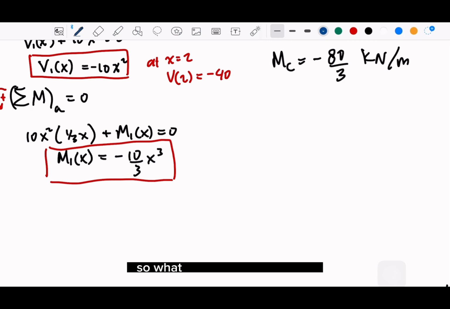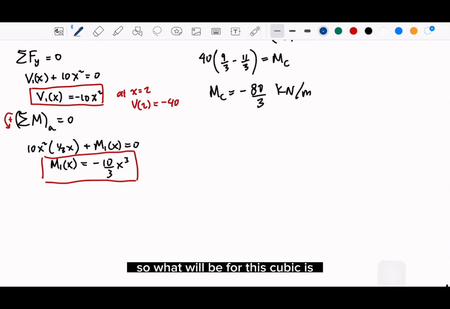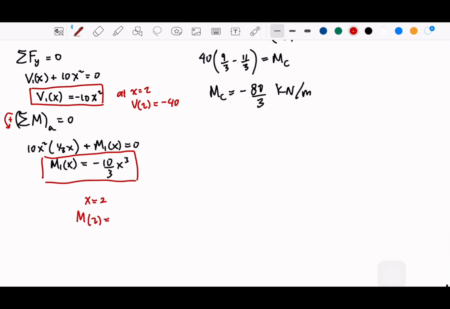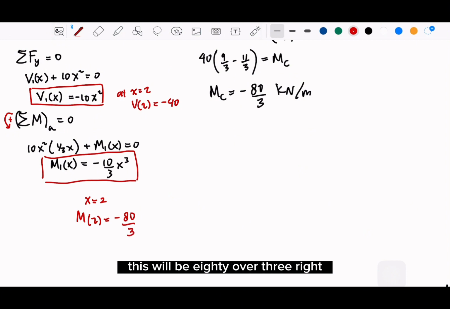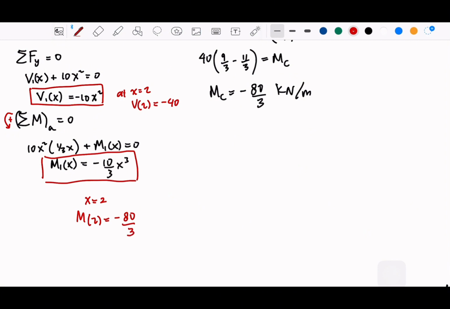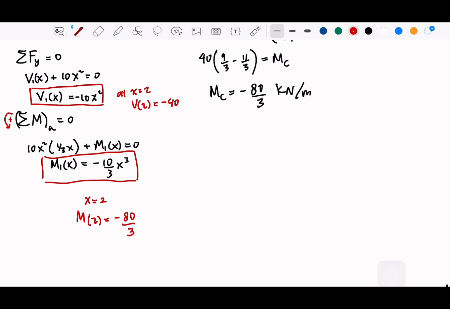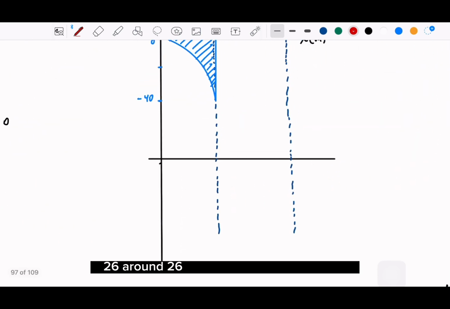For this cubic, we take a similar distance, x equal 2, so this will be negative 80 over 3, which is almost 30, so 20 something, around 26.